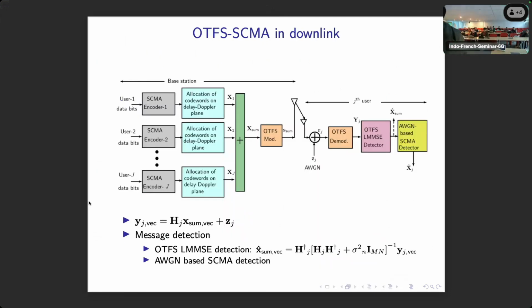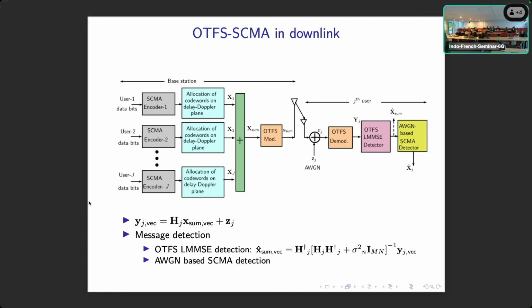This particular figure shows the block diagram for OTFS SCMA in the case of downlink. In the downlink, we do the superposition first, and then the superimposed code word is transmitted. There are J users. We allocate the SCMA code words over the delay Doppler grid, and we take out these SCMA code words. These delay Doppler grids are added to get the overall superimposed delay Doppler grid.